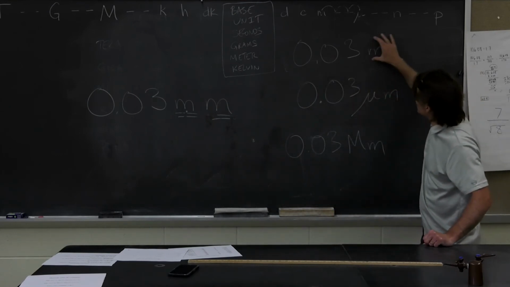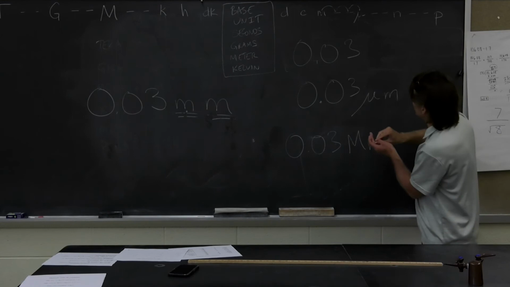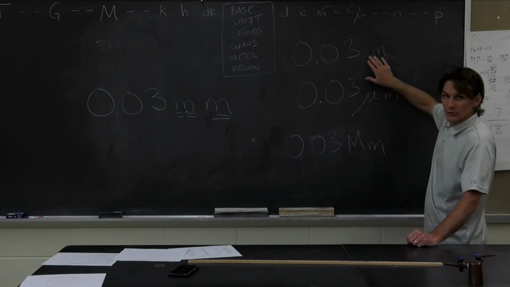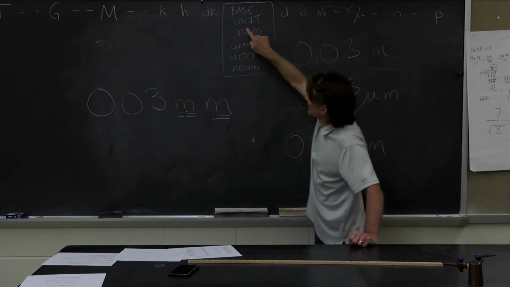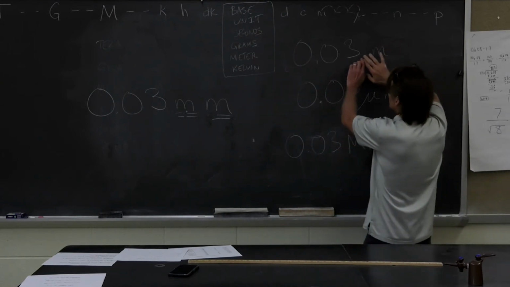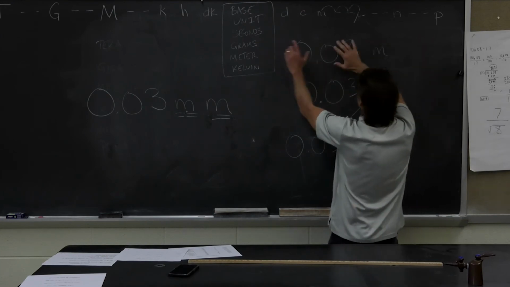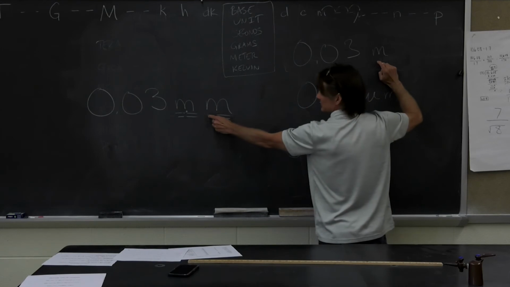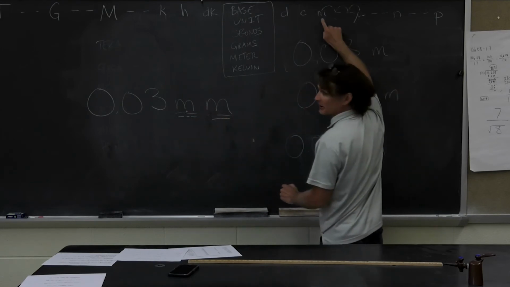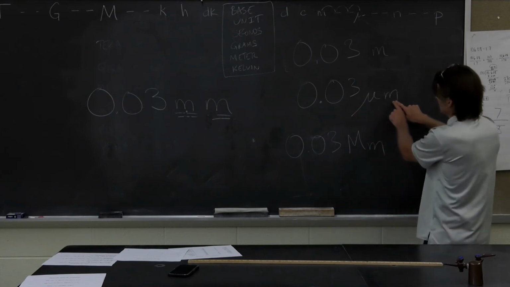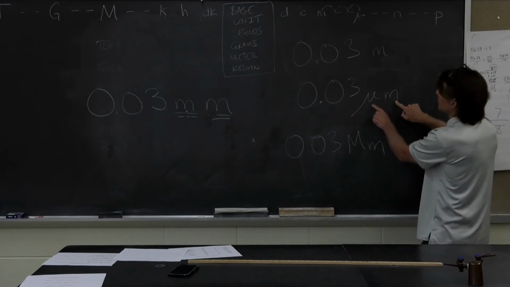If I just see one letter after the measurement, after the number, then there's no prefix associated with it. That means I'm here. If I was going to place this somewhere on the chart, I'd put it right here. If I was going to place this on the chart, I'd start here at the milli. If I was going to put this on the chart, well, I'm dealing with a meter, but that's a micro unit.